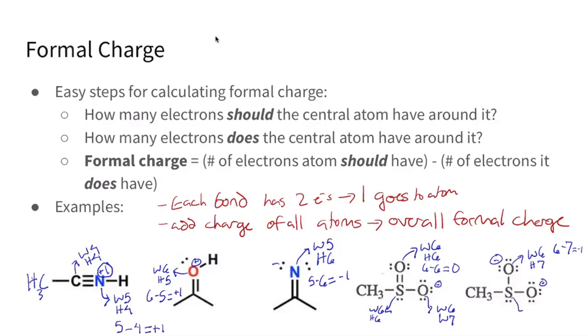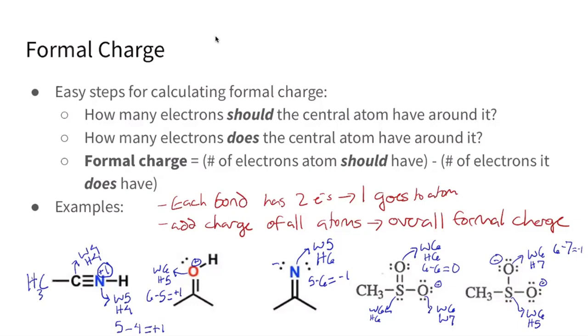Then moving on to sulfur. Sulfur also wants or should have 6 electrons around it. If I count how many electrons it does have around it, 1, 2, 3, 4, 5, it only has 5 around it. 6 minus 5 equals 1, positive 1.